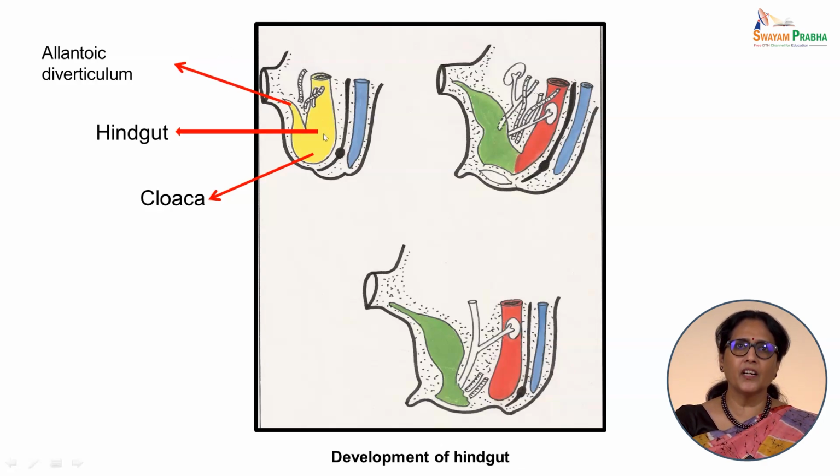The part of gut tube which extends to the terminal end after it receives the allantoic diverticulum is termed as the cloaca. At this stage, the mesoderm which surrounds the developing hindgut becomes condensed to form the urorectal septum.